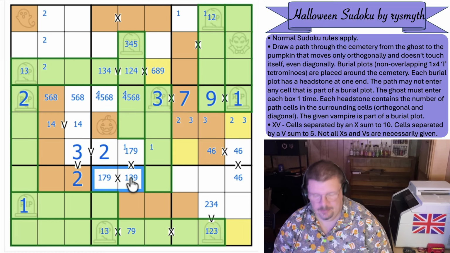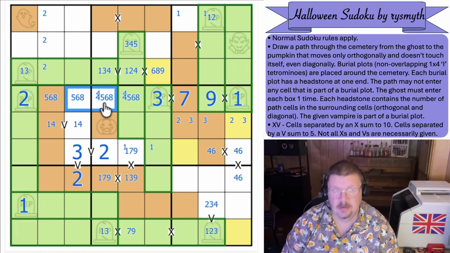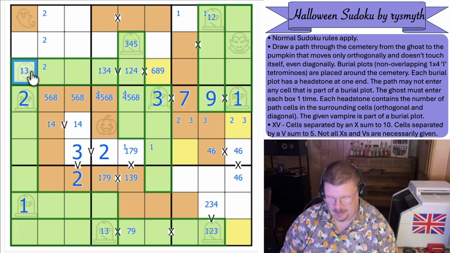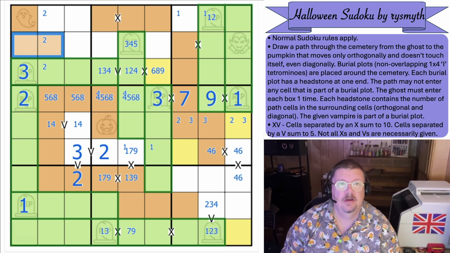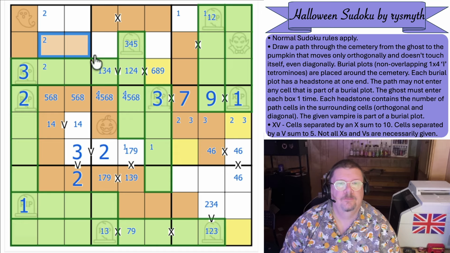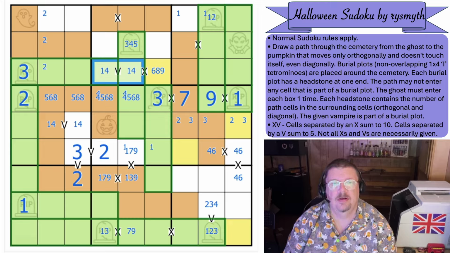So now those two are orange. That's orange. I still don't know. Yes, I do, because that is now a 3. That forces those to be orange. Can't go up, so I must go to the right. That is not a 3 or 2.